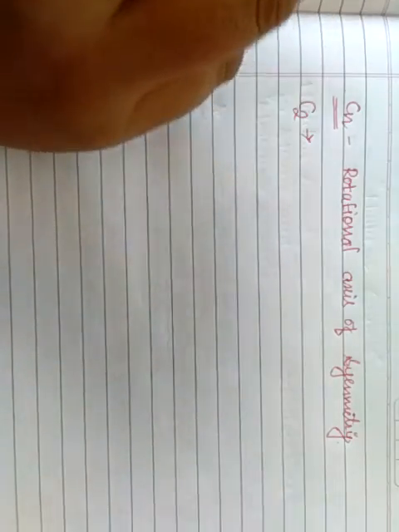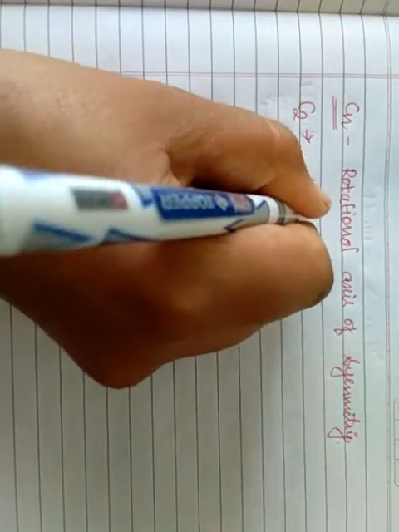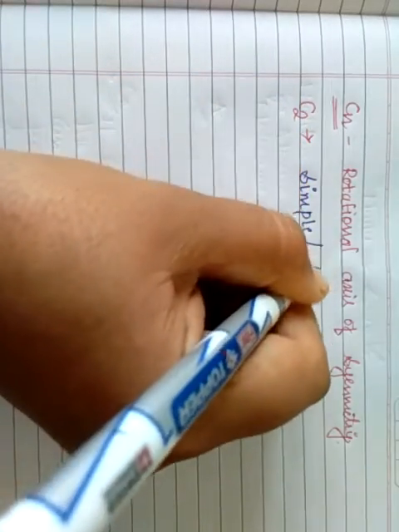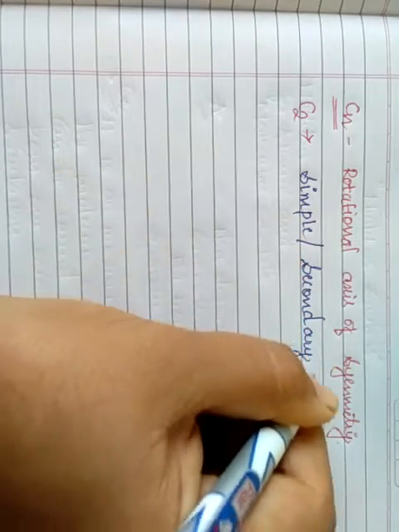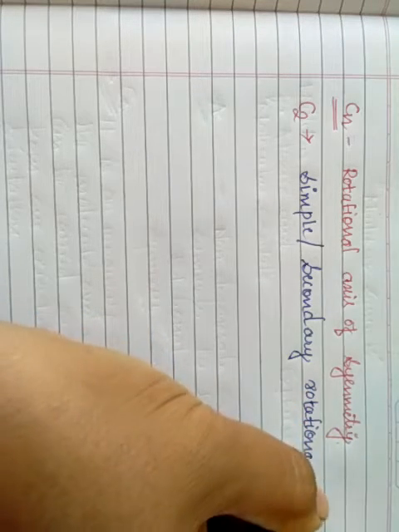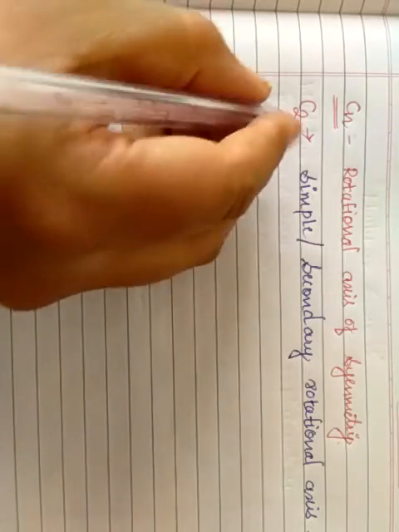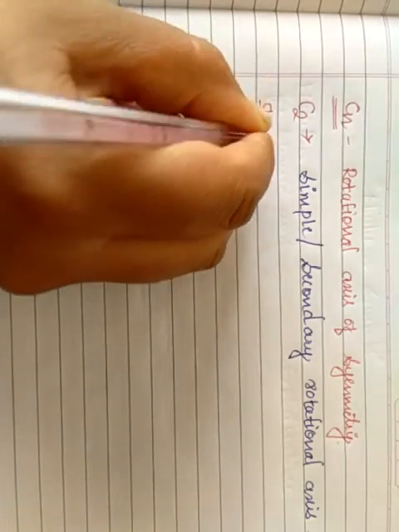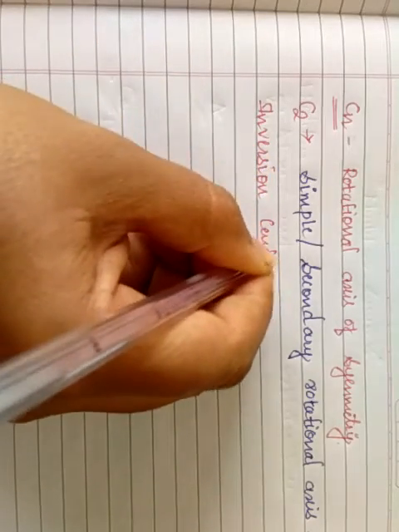C2 is nothing but simple or secondary rotational axis. Okay, this is C2. Next, third part, that is inversion center, I will tell you about it.